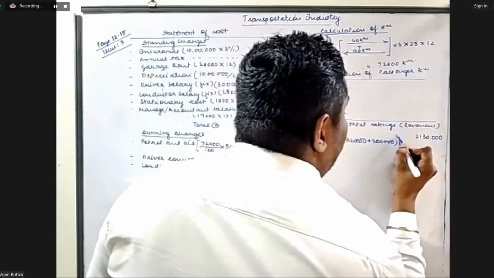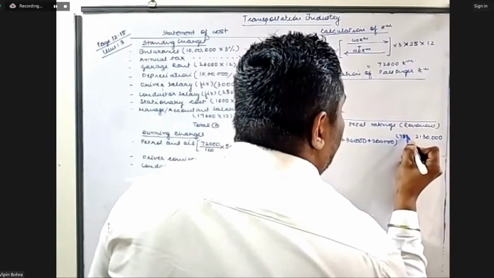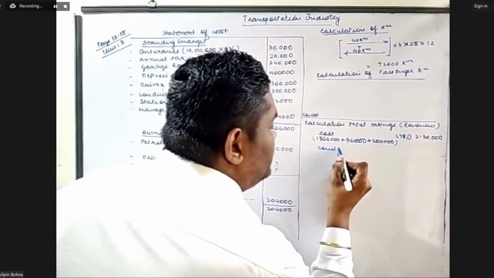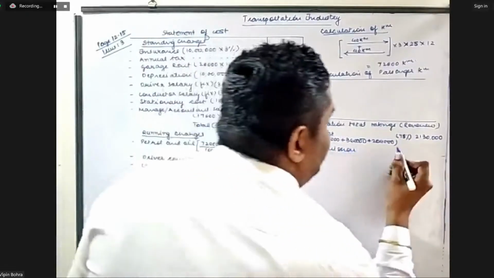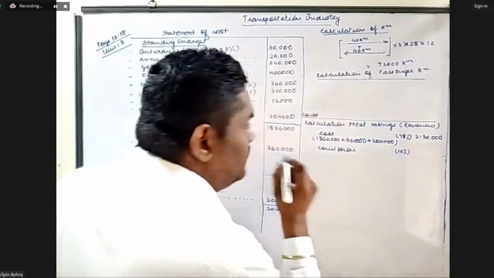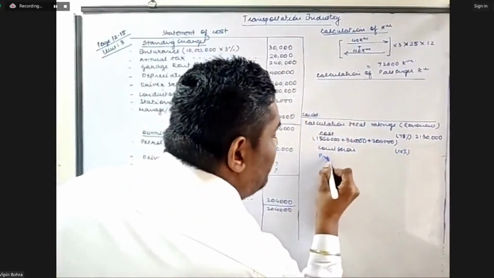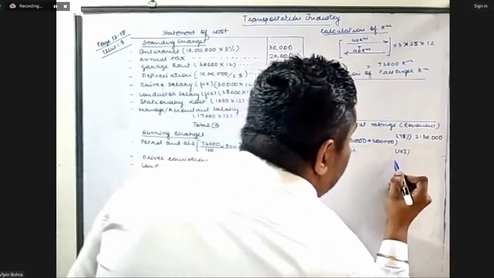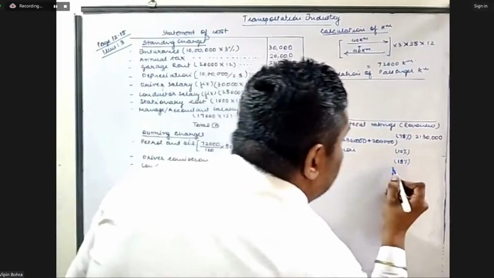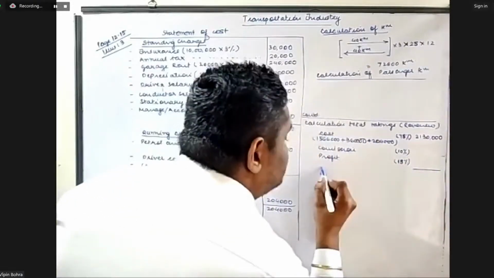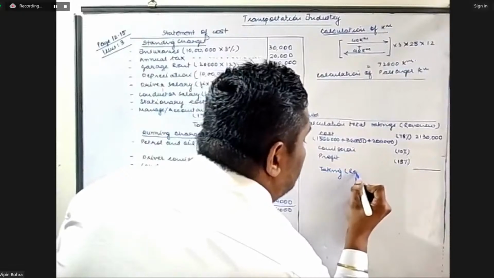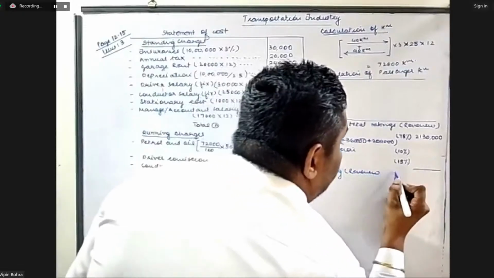This is 75%. In this, we need to add the total commission. That is how much? 10%. In this, we need to add the profit also. That is how much? 15%. So we will get the total revenue, or we can say takings or revenue. And this will be 100%.